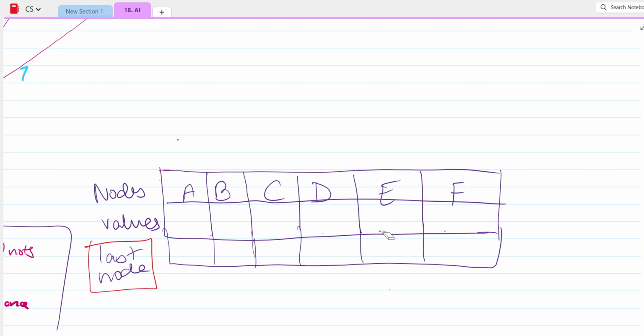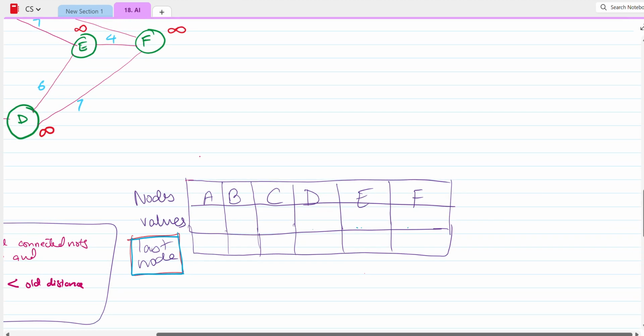Now there is one more thing that you can add in your table, although not required, but if you need to find the shortest path to one single node, this value will help you in that case. I will explain when we are doing the example.